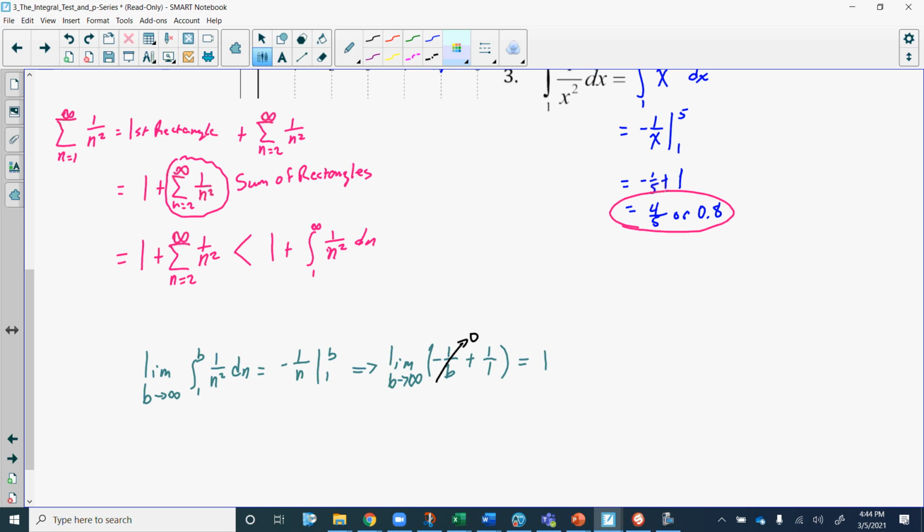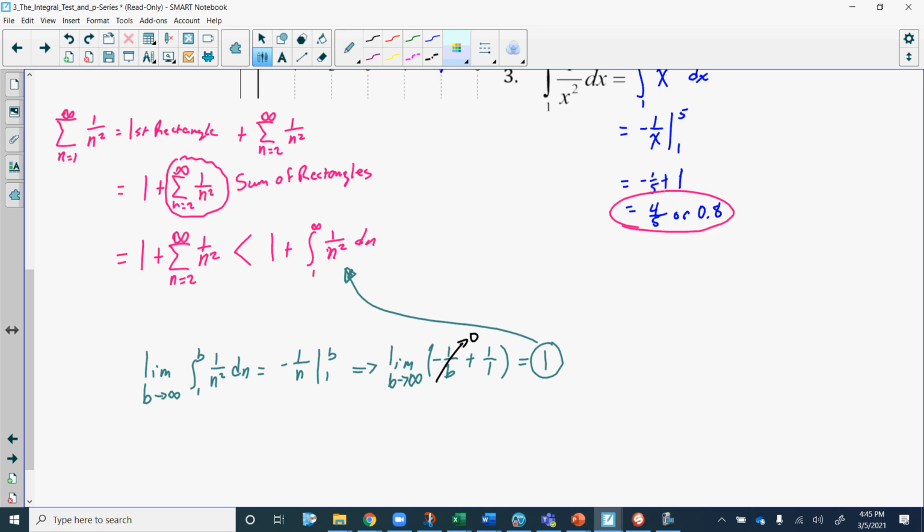And what that's going to allow me to show is that we can take this and put it here for the improper integral.